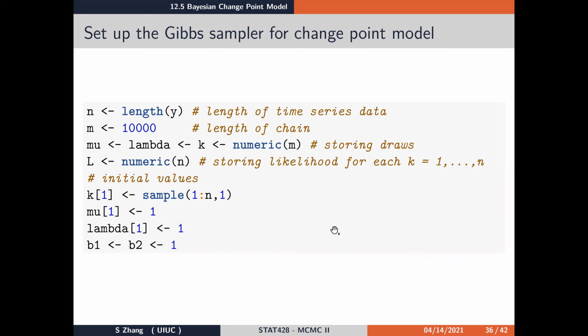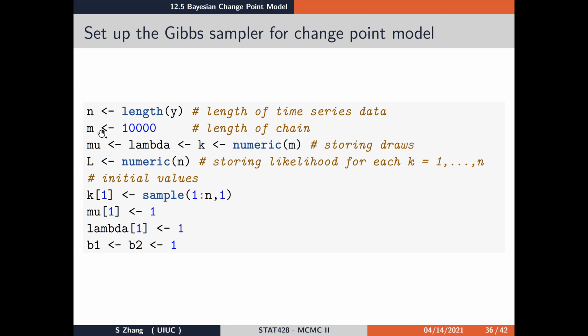Now let's set up the Gibbs sampler for the change point model. Our n, which is the largest value that the change point can take, or the total number of time points in this time series data, is the length of y. So n is equal to length of y, the length of the time series data.